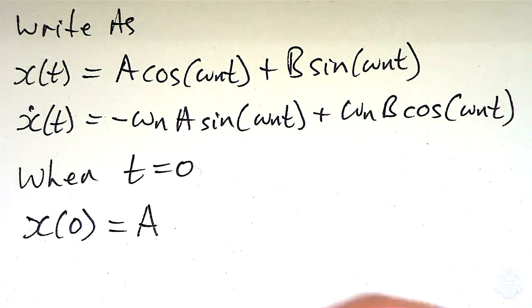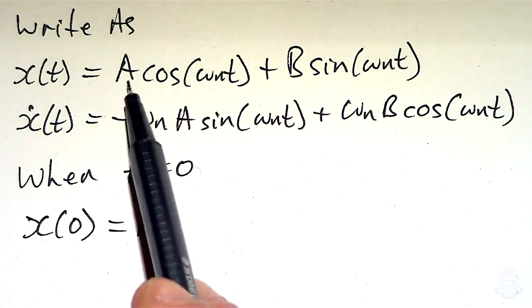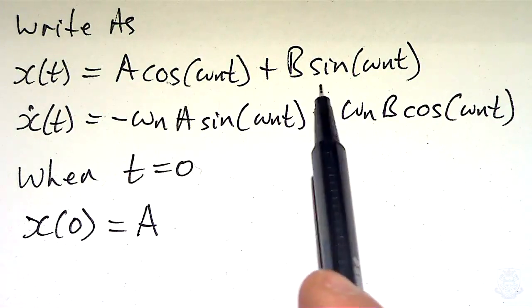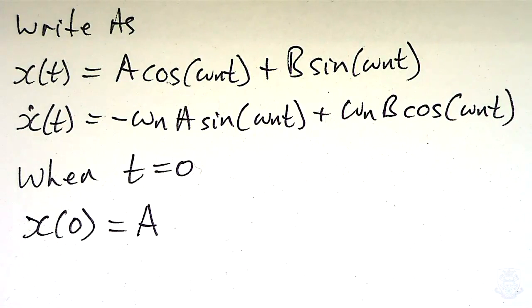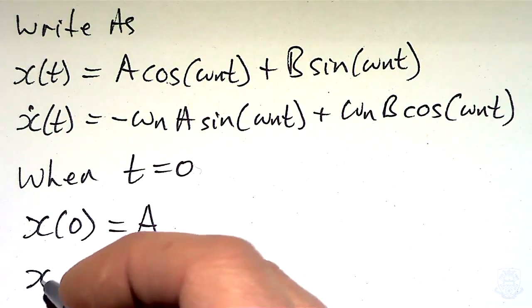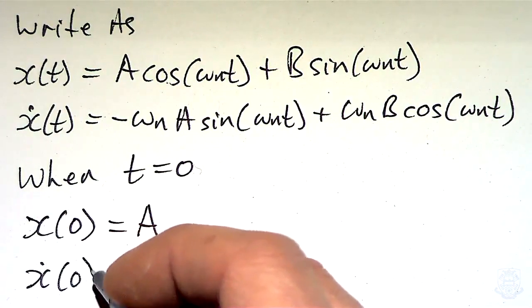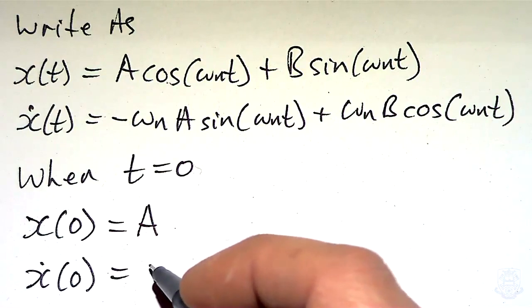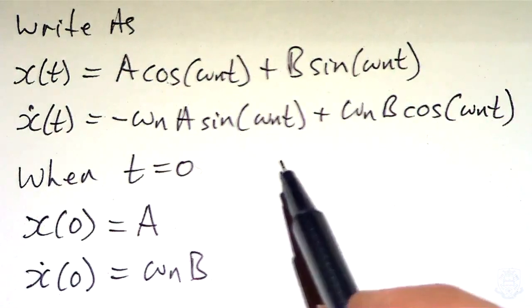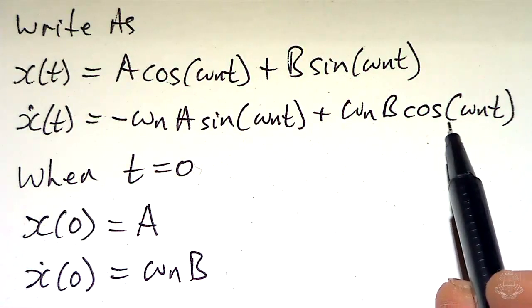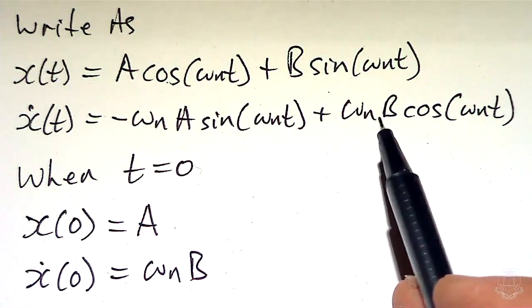For x at time 0, you just get a, because you've got a times cos of 0, which is 1, and the sine term disappears. And then x dot at time 0 equals omega n times b. Same logic: the sine term disappears, the cos goes to 1, so we're just left with this.